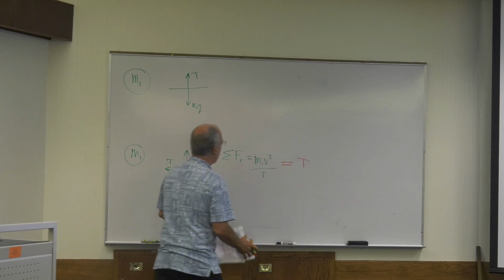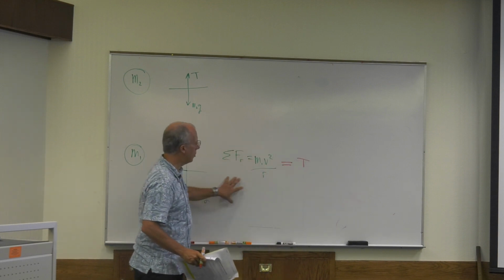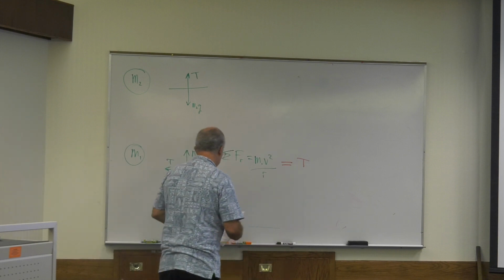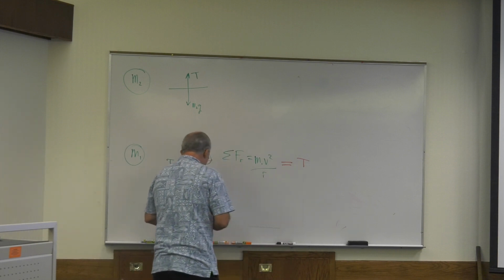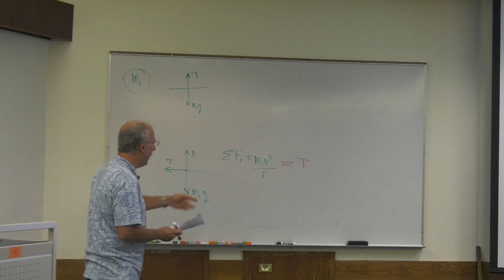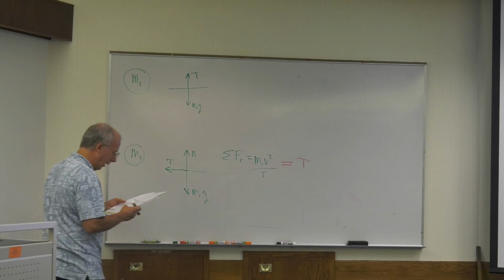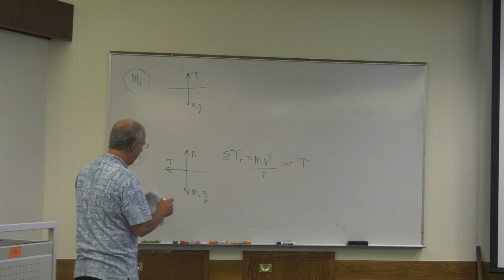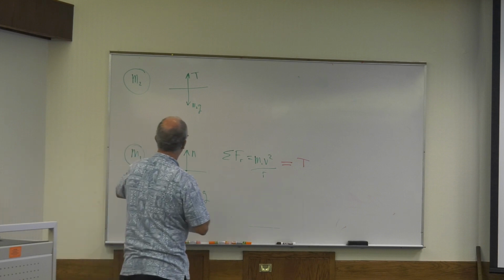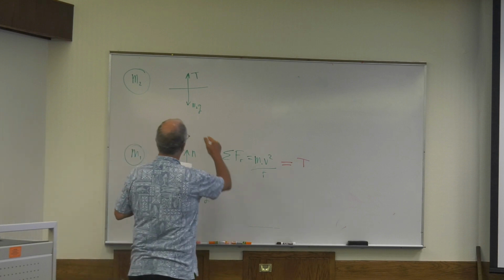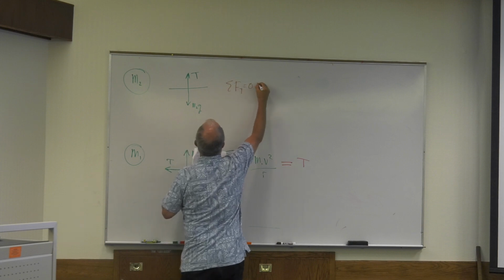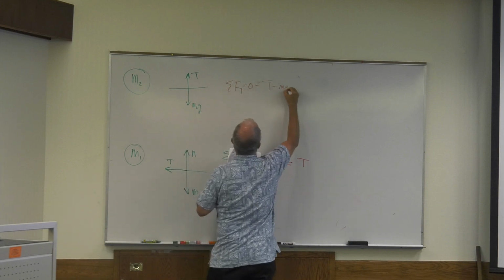So again, the green is always true. What we have to do is identify the radial forces, and that's the T. Awesome. So there's our V. Okay, let's do M2. M2 is at rest. So the sum of the y forces equals 0, which is T minus mg.